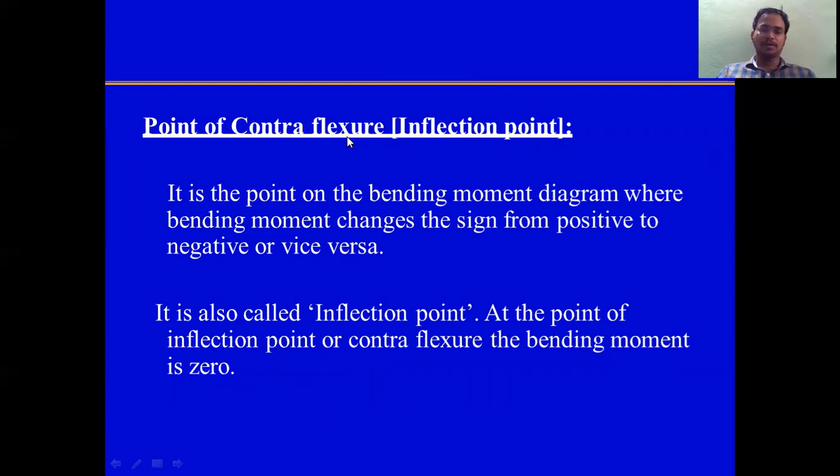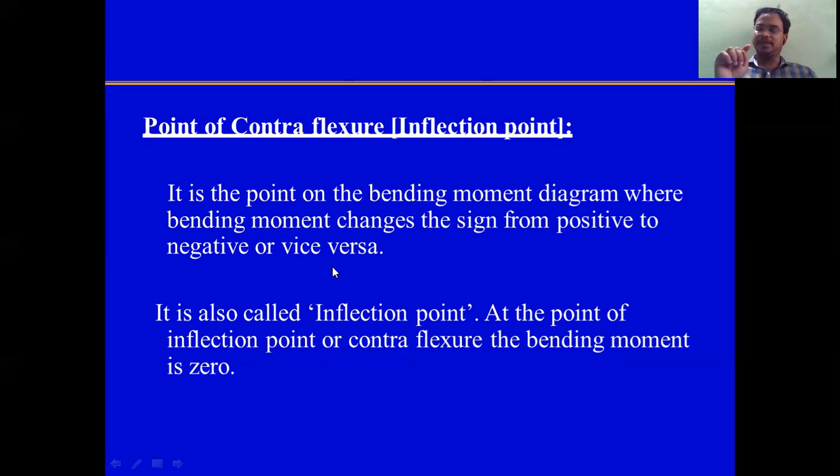Point of contraflexure, or inflection point. It is the point on the bending moment diagram where the bending moment changes sign from positive to negative or vice versa. While drawing the bending moment diagram, it will cross the zero line, the null line.